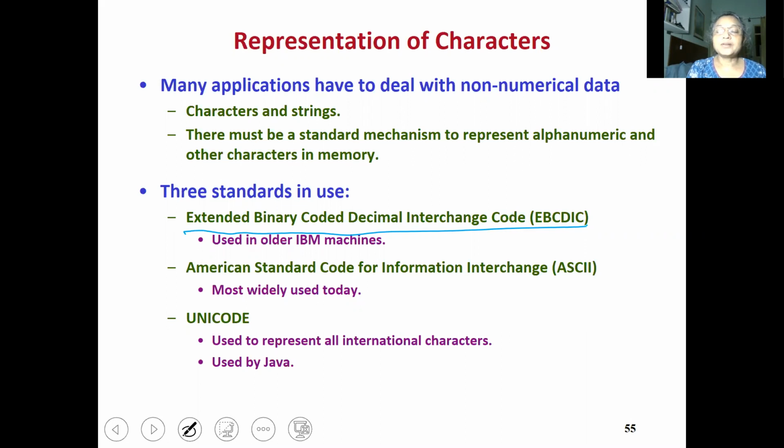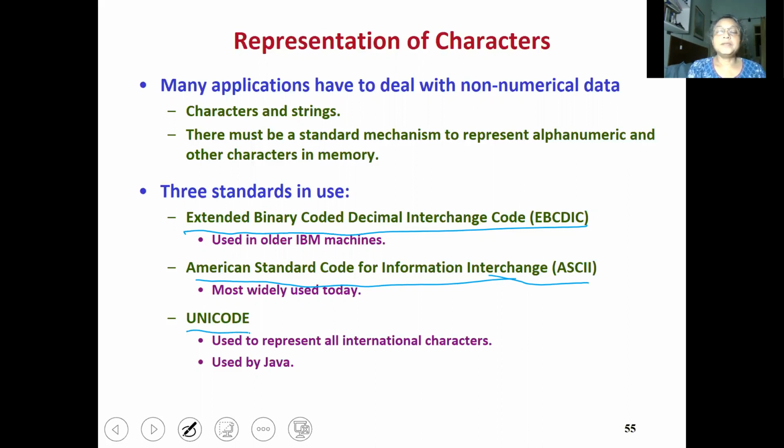The very popular code that we often use, and we use in C, is the ASCII code. It's very widely used. ASCII stands for American Standard Code for Information Interchange. And ASCII uses 8 bits and represents 128 different characters.